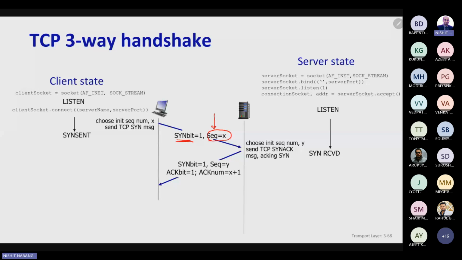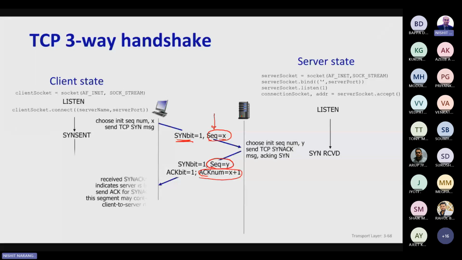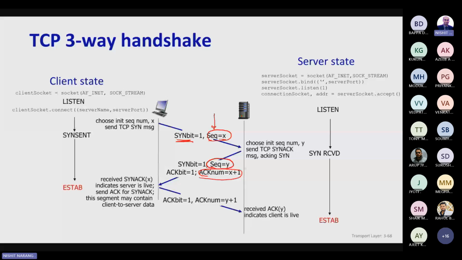It says, since your first sequence was X, I'm expecting X plus 1 going forward. I've received your SYN, and I, on my side, will start from sequence number Y. This is my first sequence number. The client will acknowledge the receipt of Y by setting the ACK bit to 1, saying I am expecting Y plus 1 from your side next.